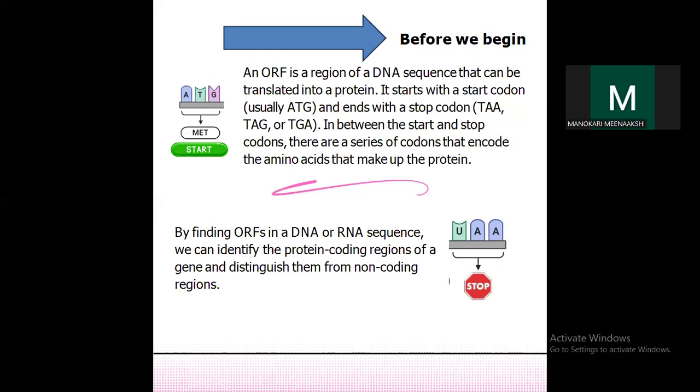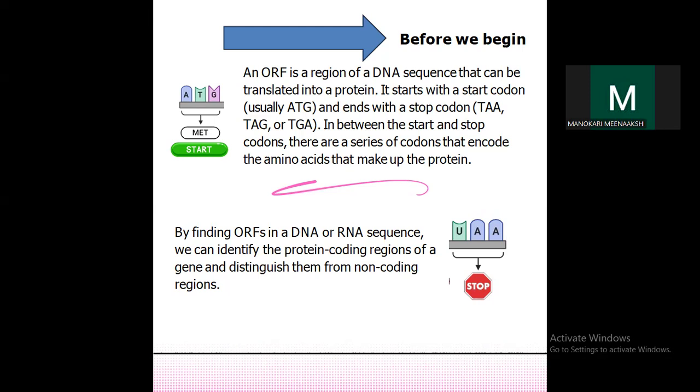The start codon is the starting point, usually denoted as ATG. And at the end, the stop codon is always denoted as TAA, TAG or TGA. Between the start and stop codon there is a series of codons that encode particular amino acids so that they can make up the particular protein.